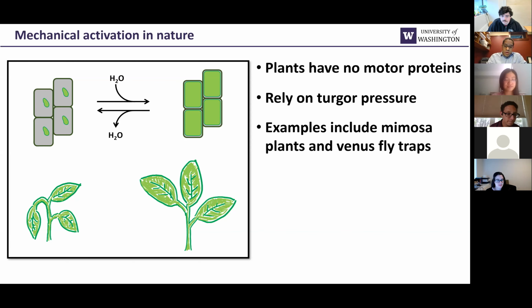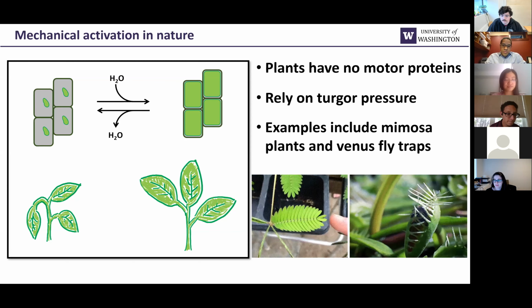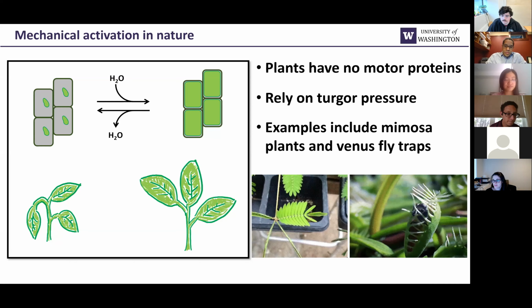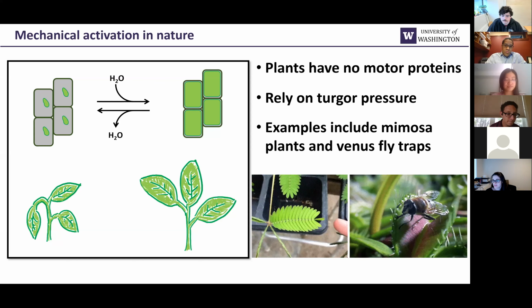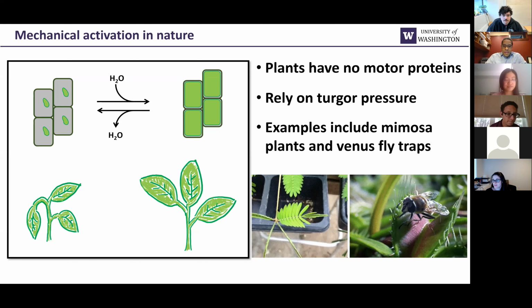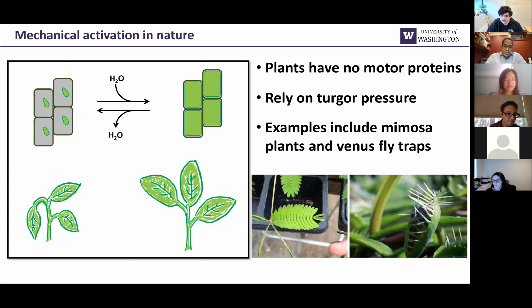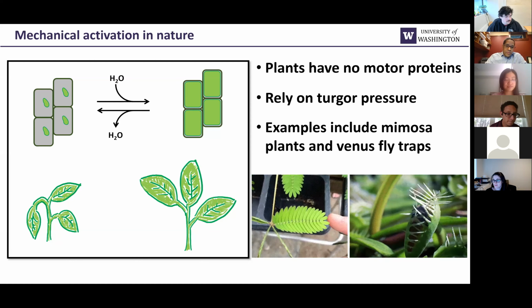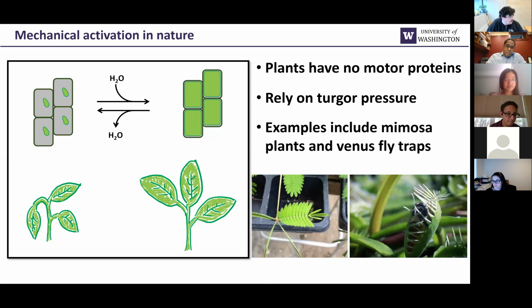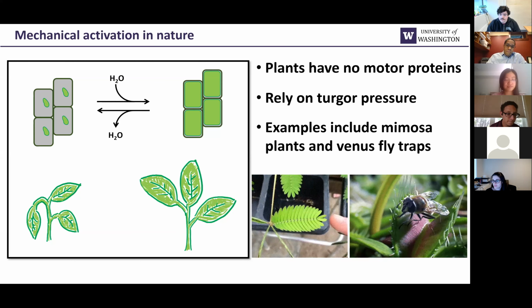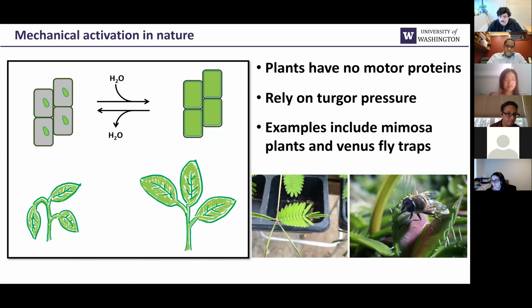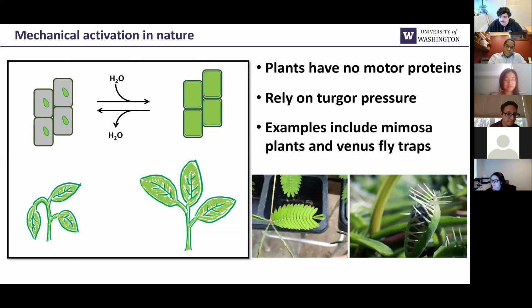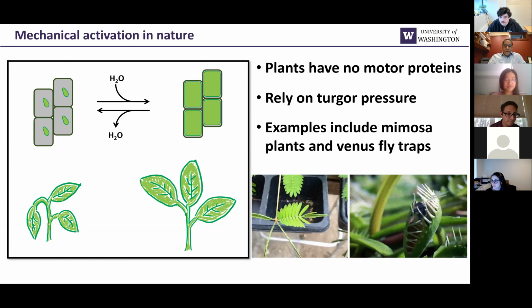But there are also more complex movements observed in plants, and I'm showing two videos here, the one on the left being a mimosa plant, the one on the right being a Venus flytrap. What we find really fascinating about these examples is that these are mechanically stimulated. You touch these plants, and that causes a change in shape.